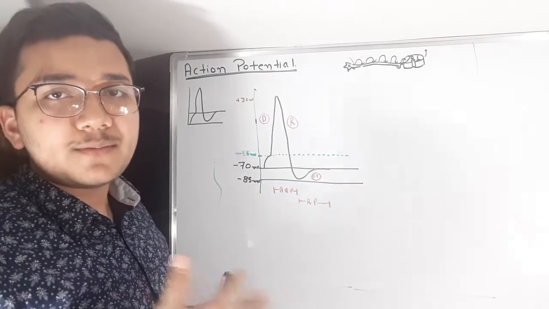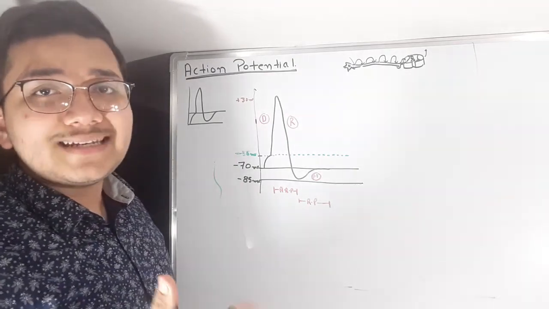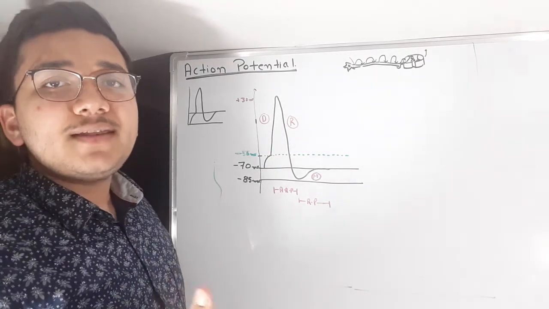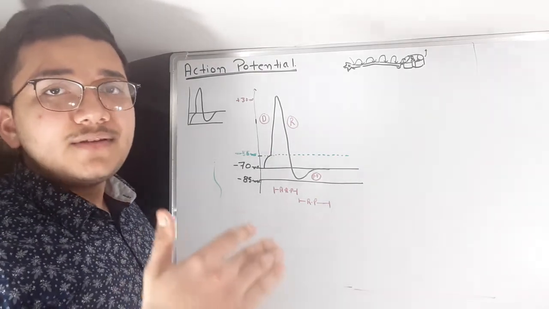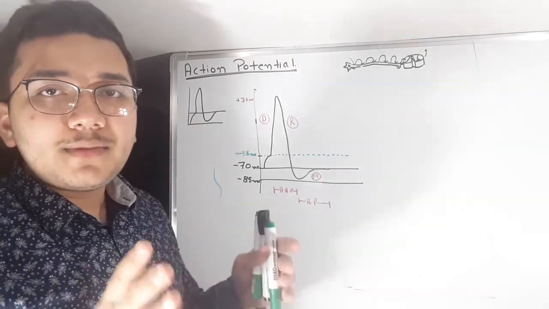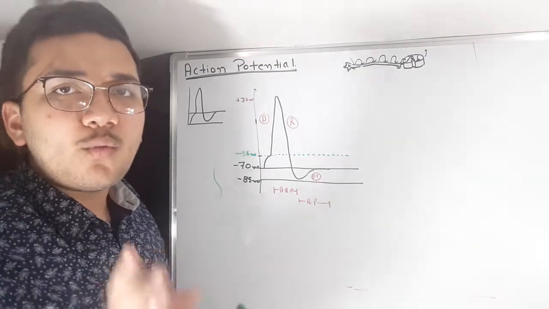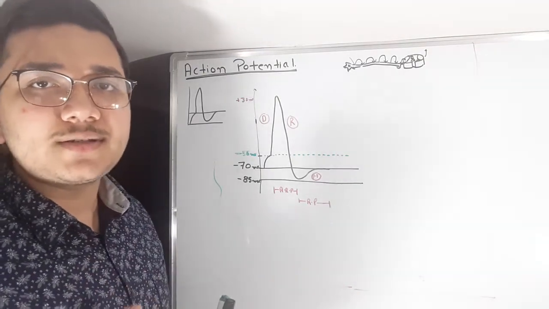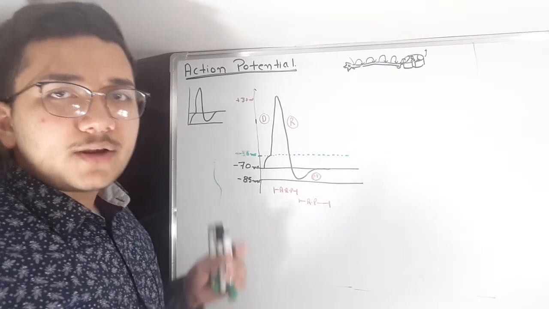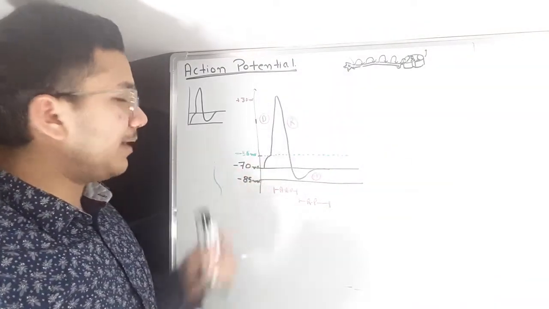This is the membrane potential, or we can say the charge of the membrane when it is at rest, which means that when there is no stimulus, minus 70 millivolt represents the value of the membrane at rest. Whenever there is any kind of stimulus, it triggers the potential towards minus 55 millivolt.